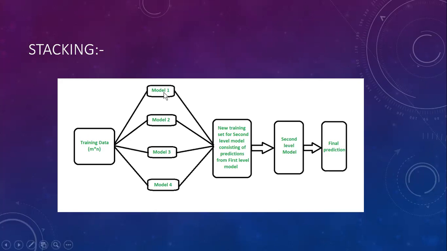Suppose the four models are logistic regression, KNN, SVM, anything, and here it is random forest. All these predictions and the output column of the training data are stacked up and given to this random forest, and this random forest will give the final prediction. Another point to remember is that weightage is provided: whichever model works a little better than the others is given a better weightage.